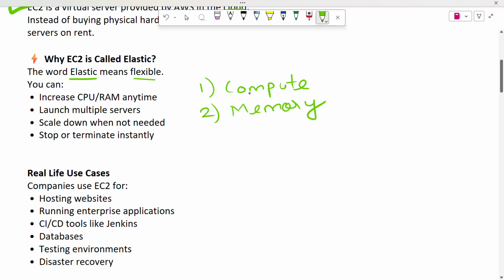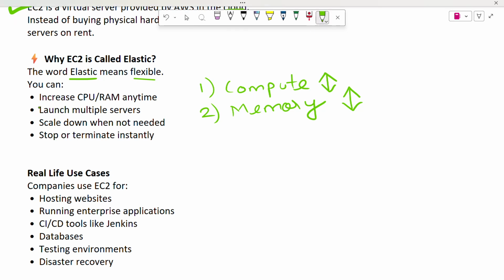The more the RAM, the faster the execution of a process will be. But why do I call this service elastic? This is because I can modify the compute resource, I can modify the memory optimization as per the requirement of the application, as per the requirement of the client. The word anytime here is very important.